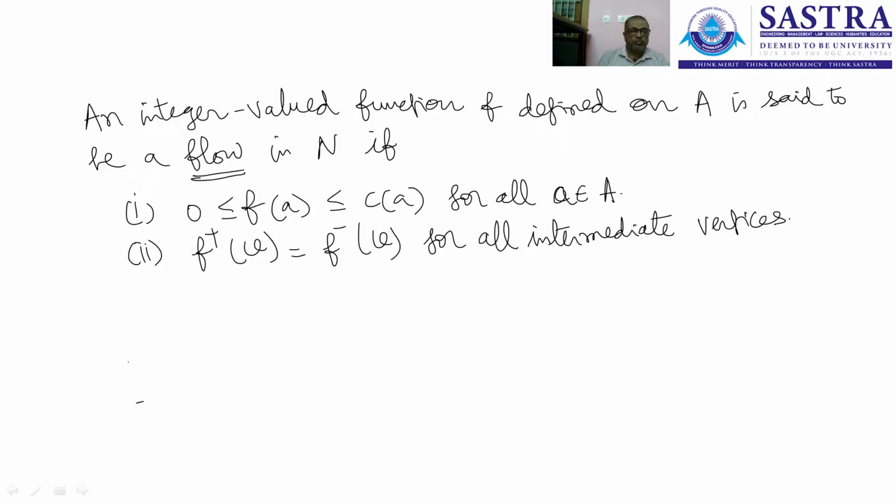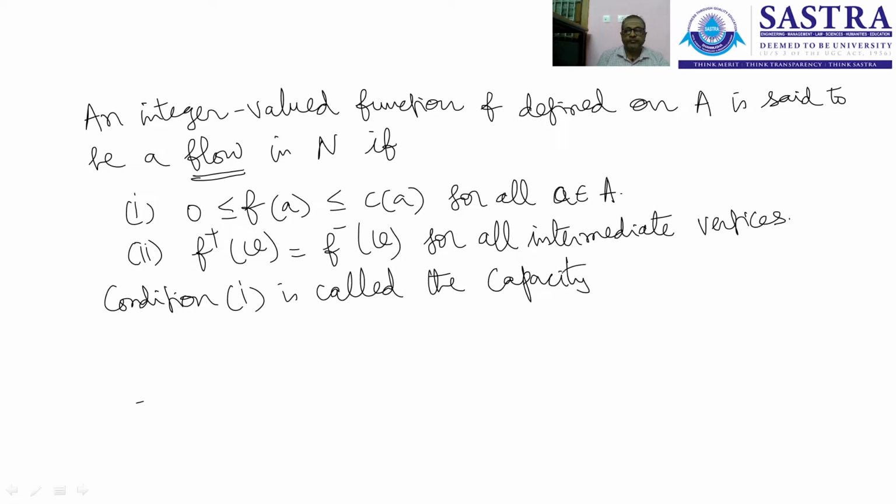Condition 1 that is stipulated here is called the capacity constraint, and condition 2 is called the conservative condition.